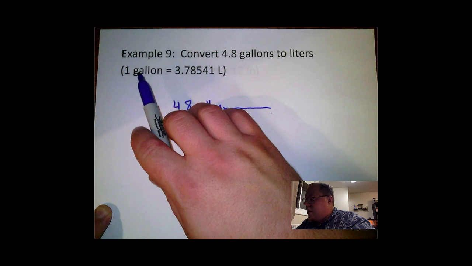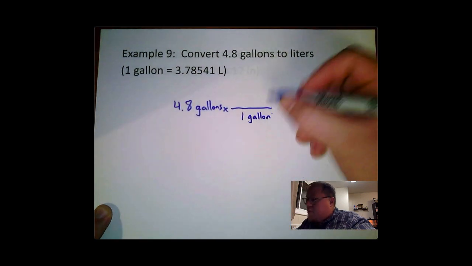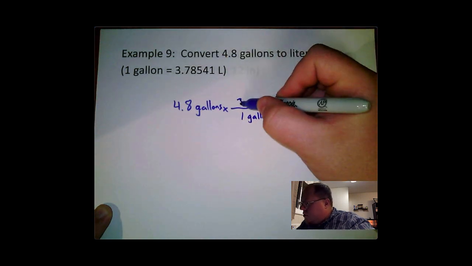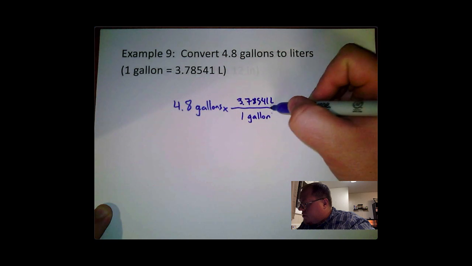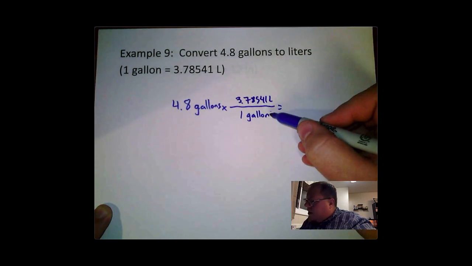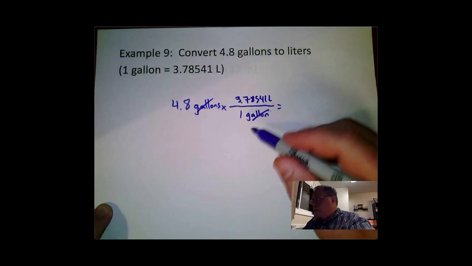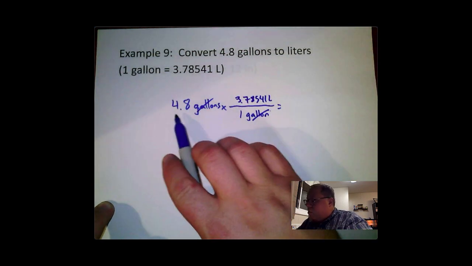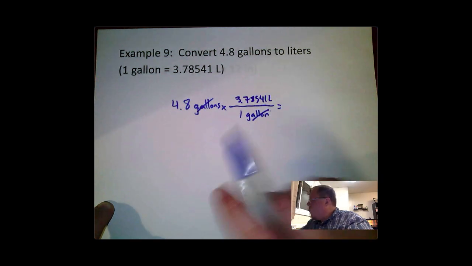Gallons is what I have, so I'm going to put the 1 gallon part on the bottom, and then 1 gallon is equal to 3.78541 liters. Gallons divides by gallons. When I take this and I divide by that, I'm left with liters. So it's going to be 4.8 times 3.78541 over 1.